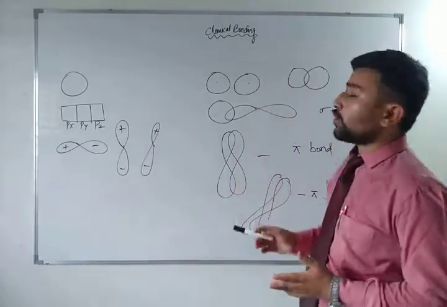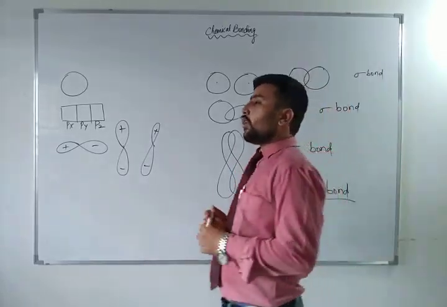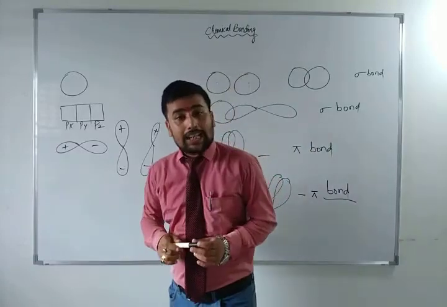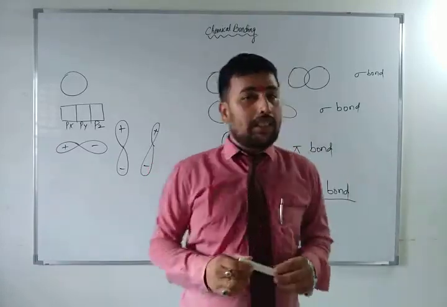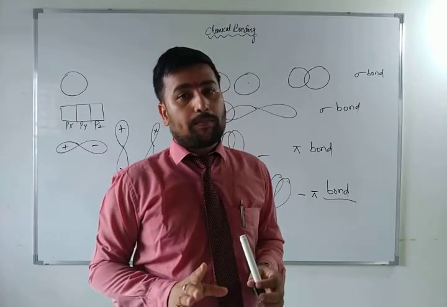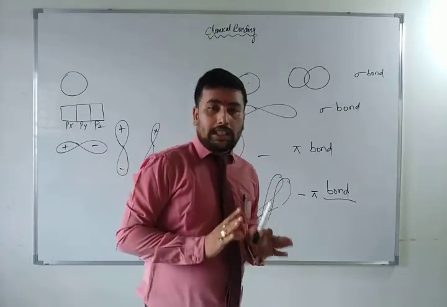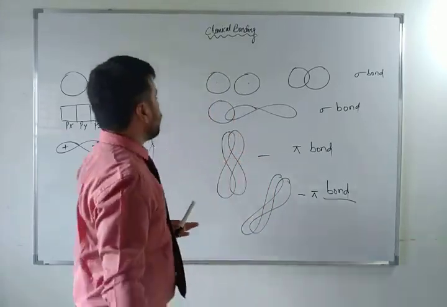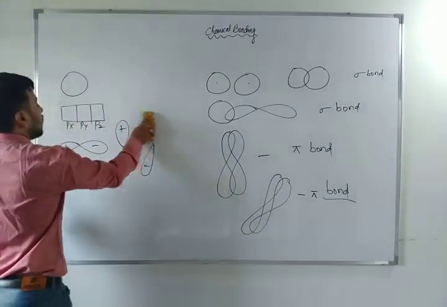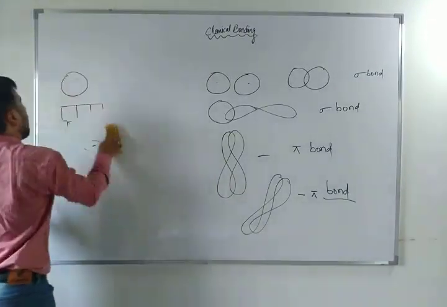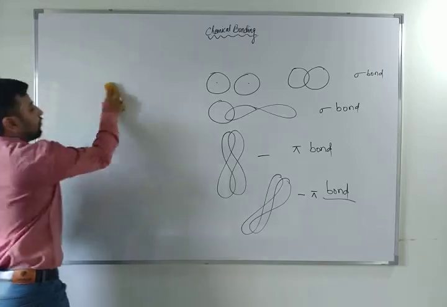When the overlapping occurs sidewise and lateral wise, there is a formation of a pi bond. Sigma bonding, pi bonding concept clear. Now let's move towards hybridization.